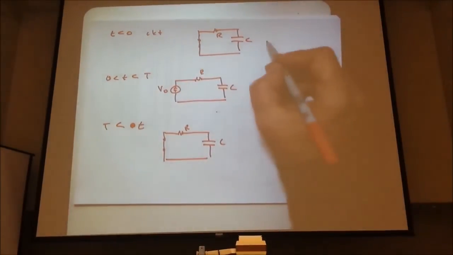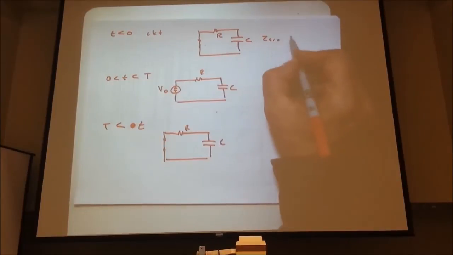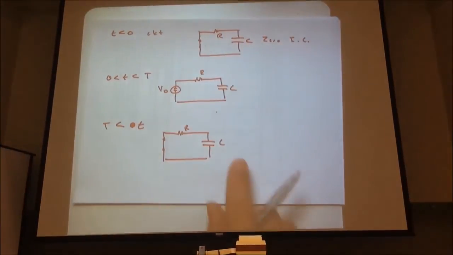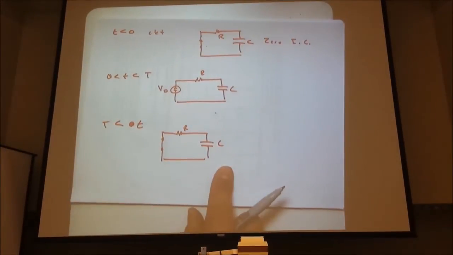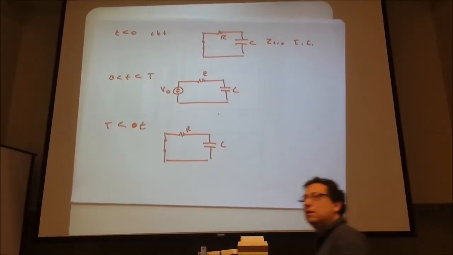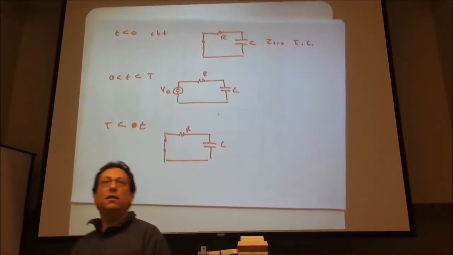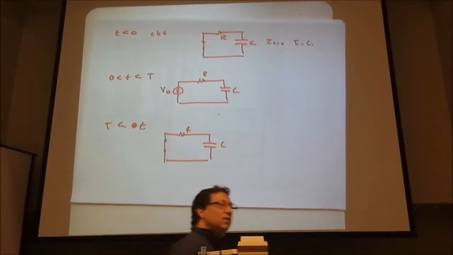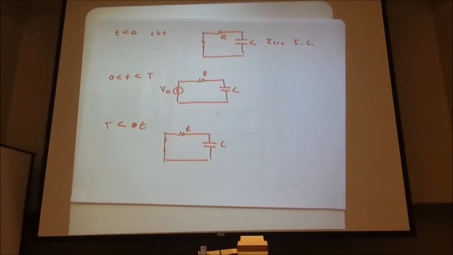This is a 0 initial condition situation. The other could be V naught. Under what situation would it be V naught? Fully charged, but more specifically, if we waited a long time. We kind of discussed long time in the last class.